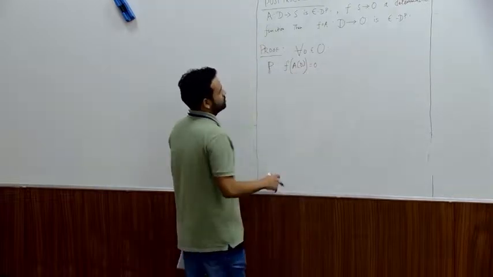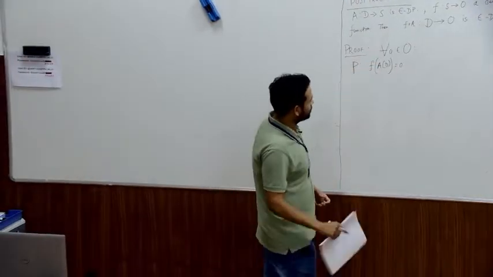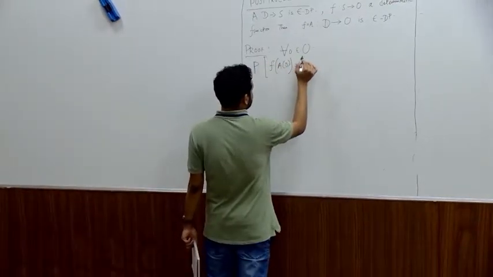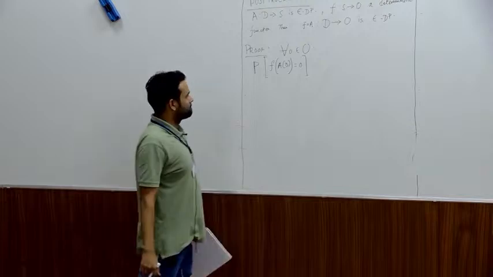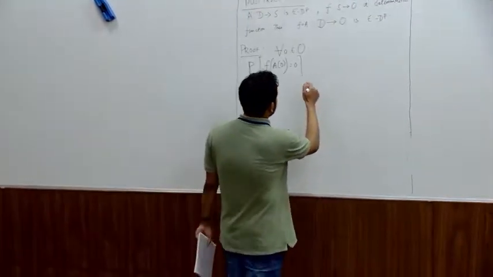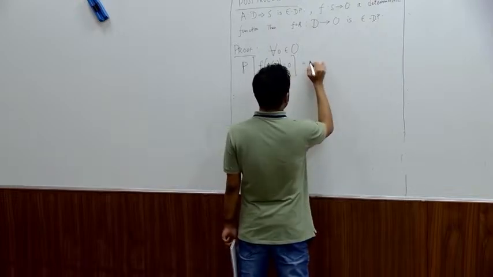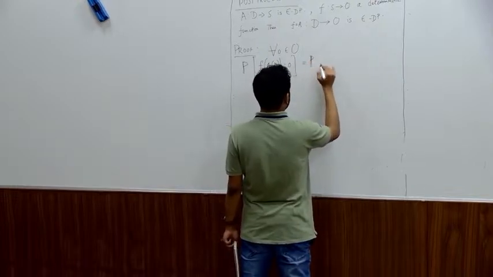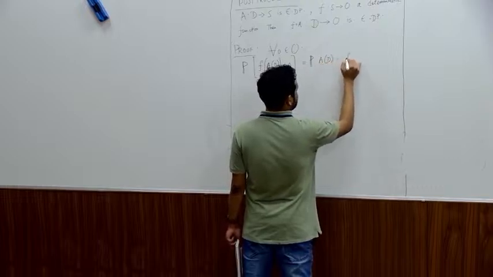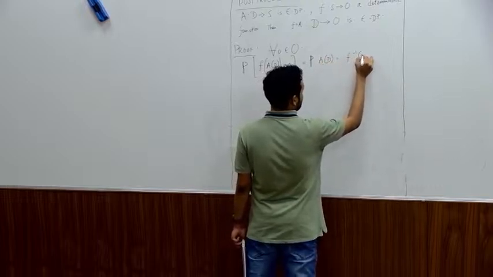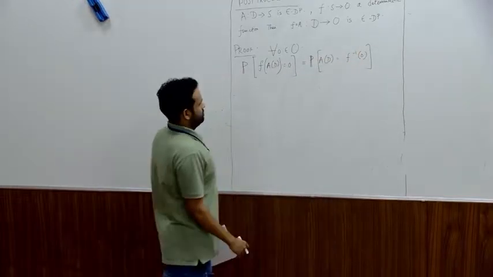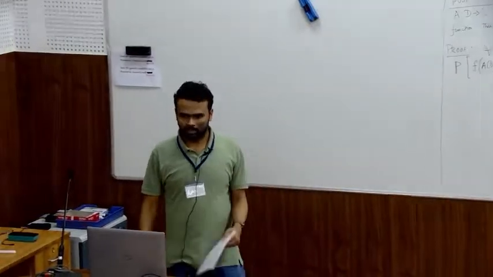You have to do that for all outputs. Now, if f is deterministic, this probability is equal to the probability that A(D) is in f inverse of o. Any question here?